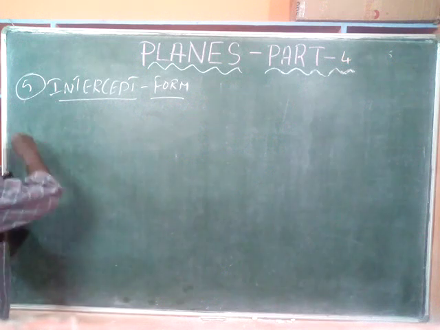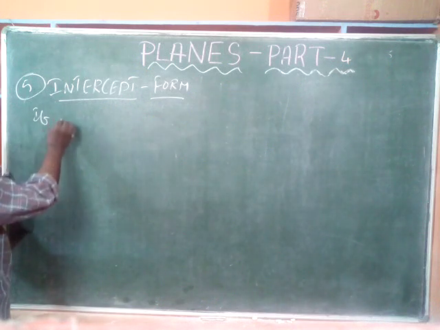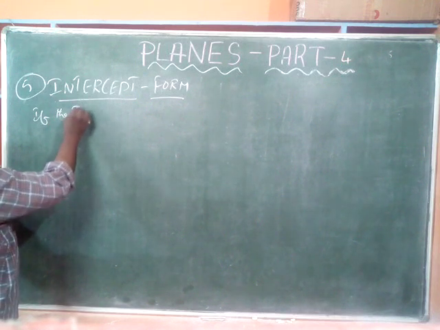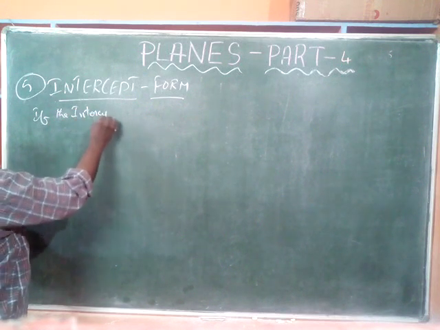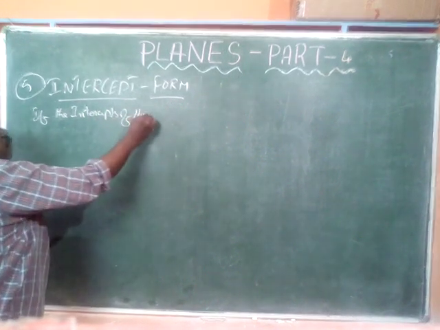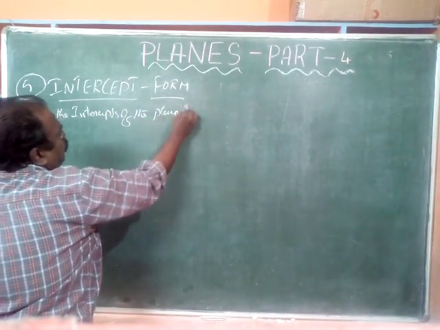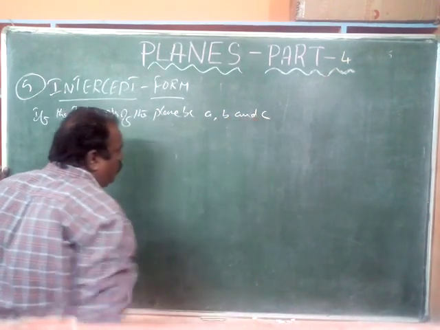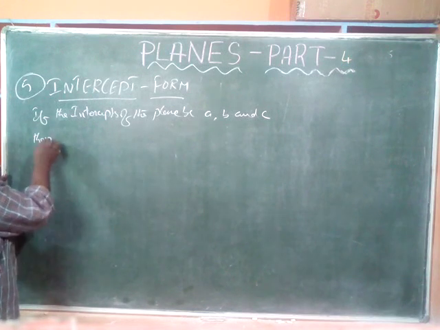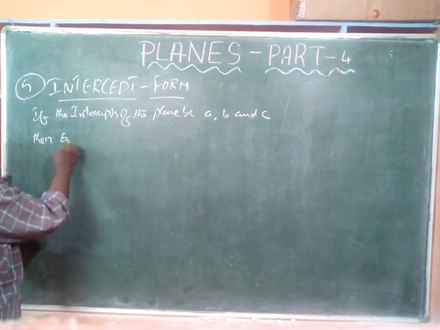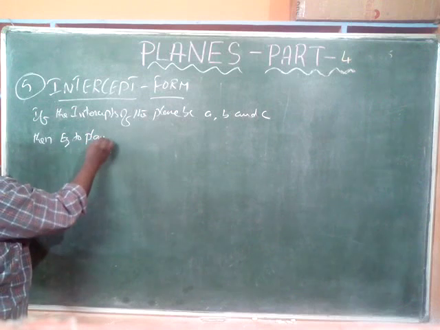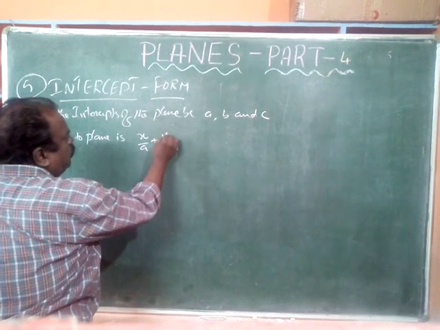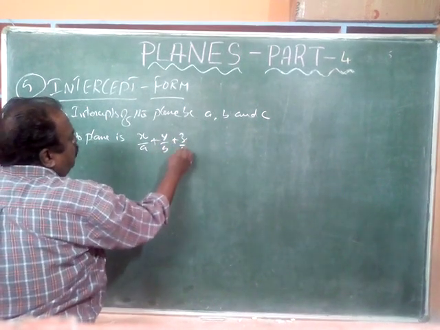Okay, now if the intercepts of the plane are a, b and c, then the equation of the plane is x by a plus y by b plus z by c is equal to 1.